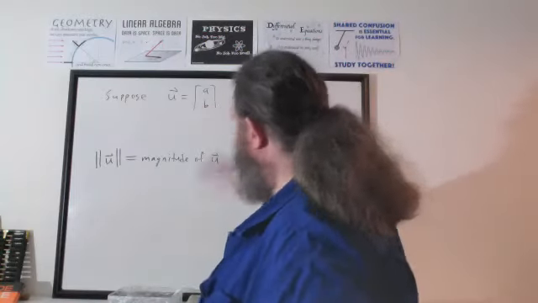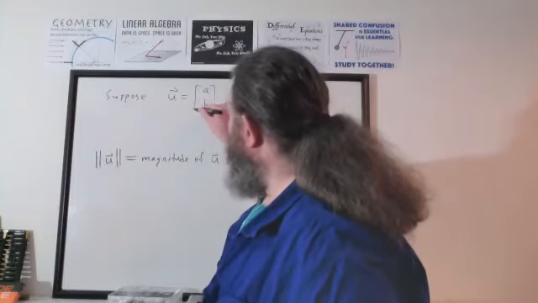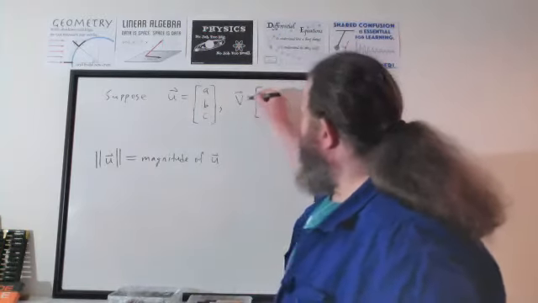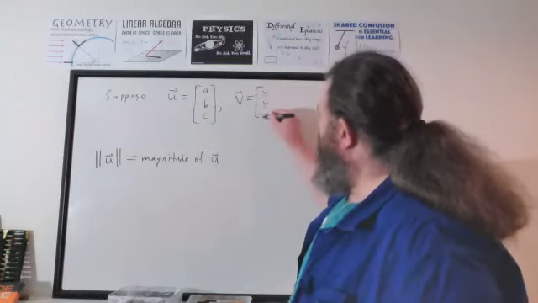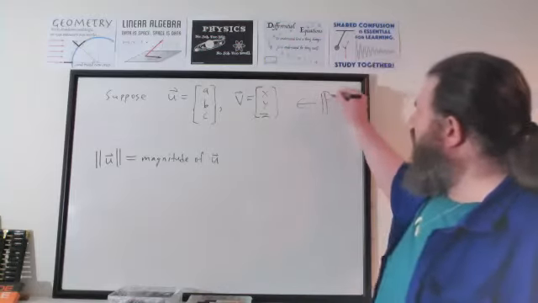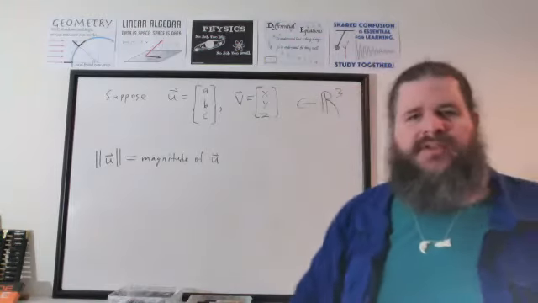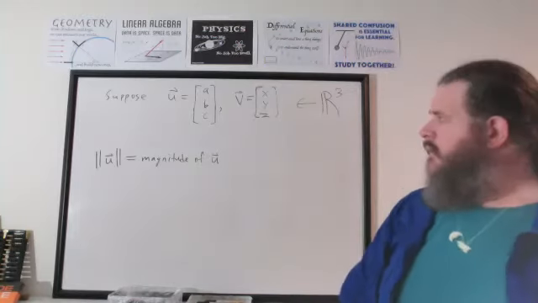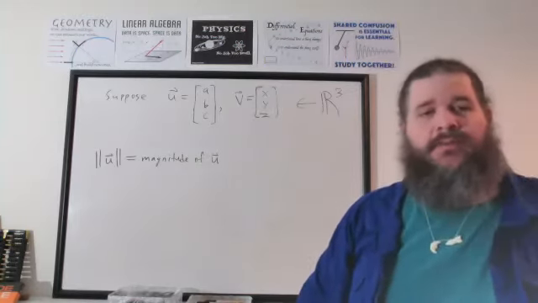Say vector u is a, b, c, and vector v is x, y, z. These are both vectors of R3 in the sense that they are both a single column of 3 real numbers. So a, b, c, x, y, and z are all real numbers, scalars.